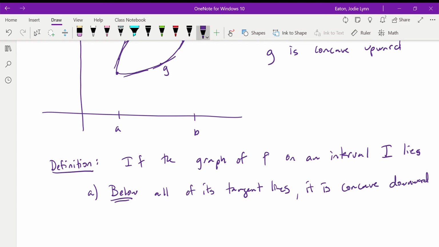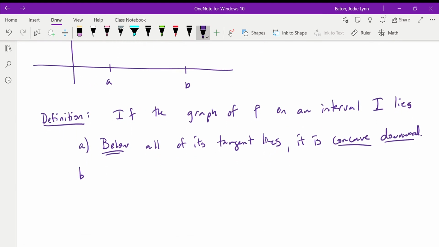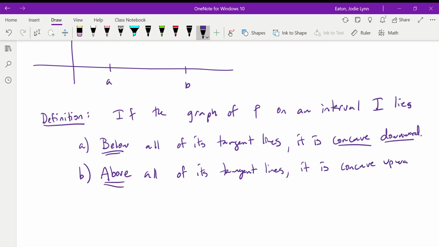I may just call this concave down sometimes. It means the same thing. And if it is above all of its tangent lines, it is concave upward.